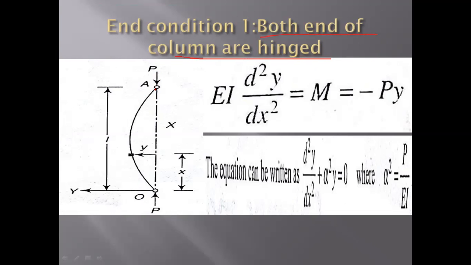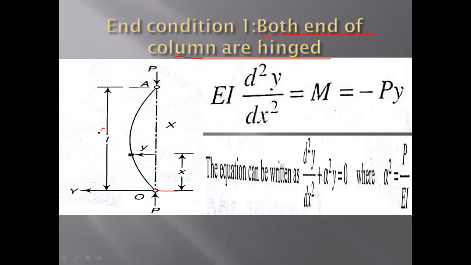Hinged means one horizontal load, one vertical load. So the horizontal load here and the horizontal load here will balance each other. So we will have only compressive load at the two ends. So only P load is there at the point A. Both A and B are hinged.